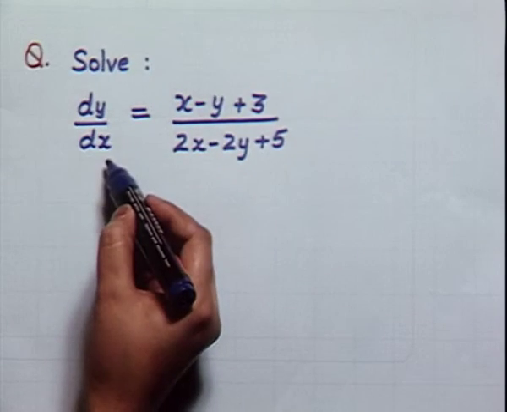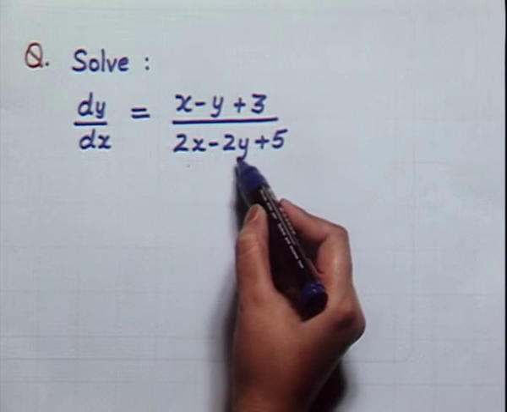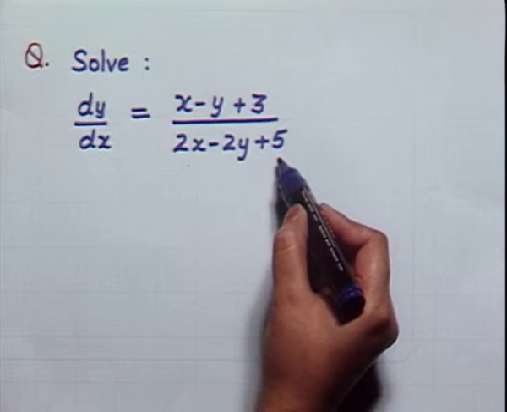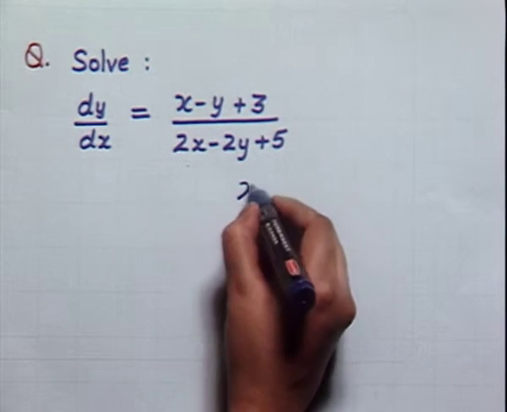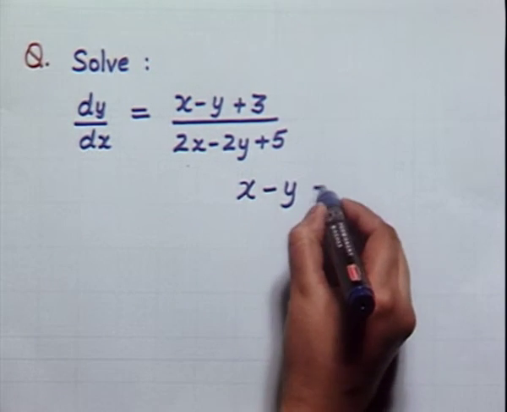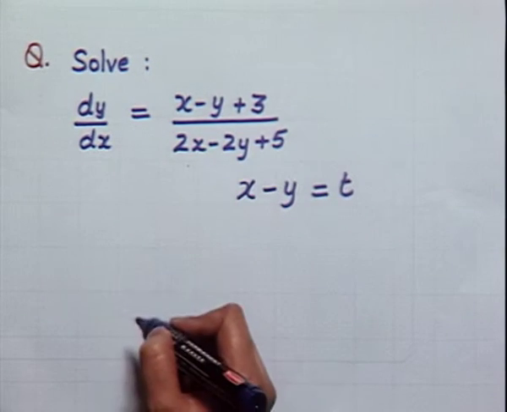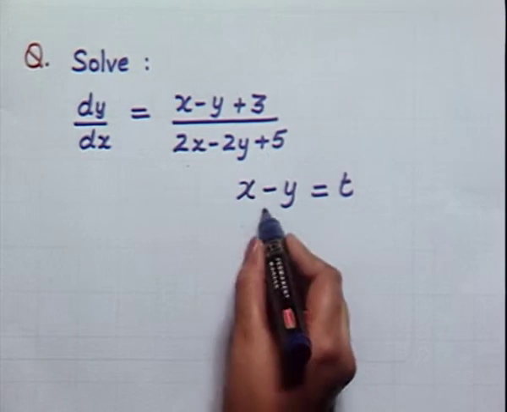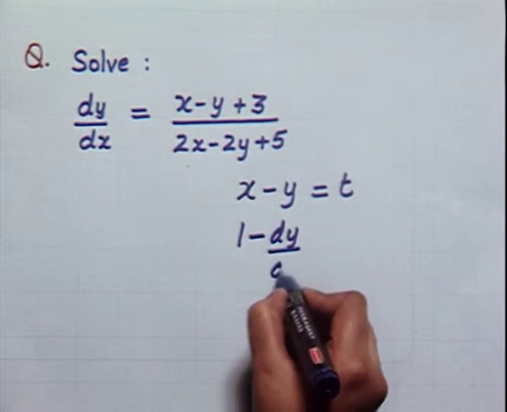dy by dx equal to x minus y plus 3 by 2x minus 2y plus 5. Very much a form as we discussed right now, and so here you can put x minus y as t or even x minus y plus 3 as t, and therefore before going further, remove your dy by dx. You have to replace that.